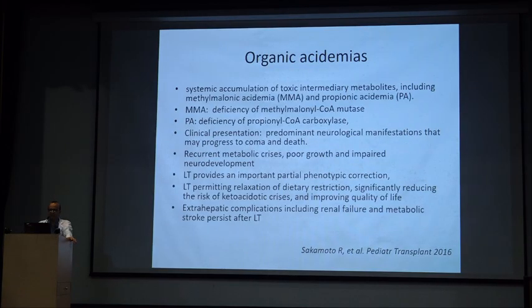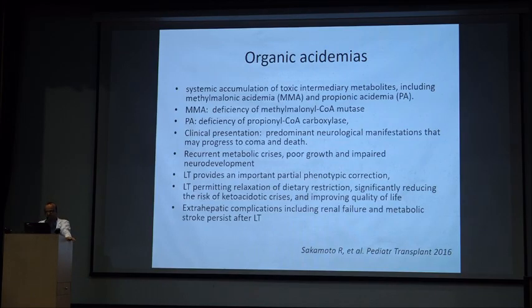Organic acidemias are the systemic accumulation of toxic intermediary metabolites, including methylmalonic acidemia and propionic acidemia. MMA is a deficiency of methylmalonyl coenzyme A mutase. Propionic acidemia is a deficiency of propionyl carboxylase. Clinical presentations are neurological, which may progress to coma and death, recurrent metabolic crises, poor growth, and impaired neurodevelopment.